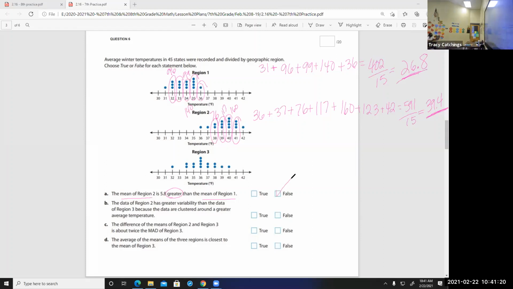All right, B said the data of region 2 has greater variability than the data in region 3 because the data are clustered around a greater average temperature.